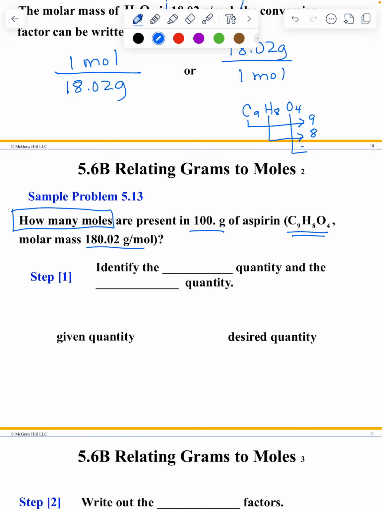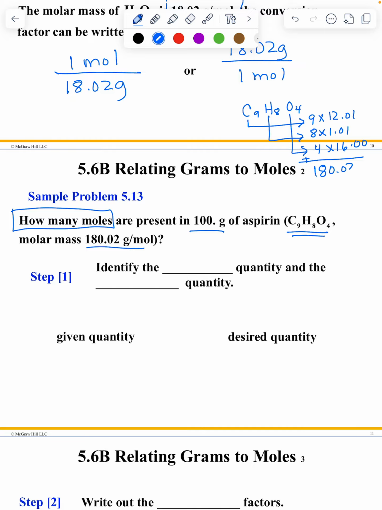Then we would consult our periodic table and find the molar mass of just one of each of these elements and multiply it by the number. I put a 0 there, I meant to put a 4, times 16. We would add it all up, and we would get 180.02 grams per mole.